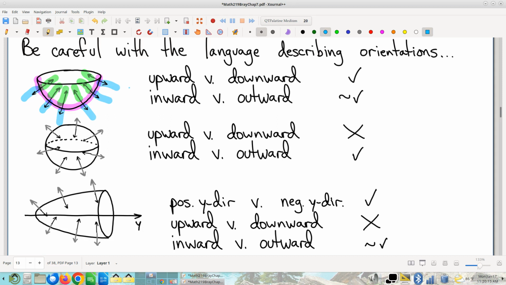And one thing you could do, which I don't think we want to do, is you could write out an explicit formula that tells you what the chosen orientation unit normal vector is explicitly and exactly everywhere on the surface, and that sounds like a lot of work.